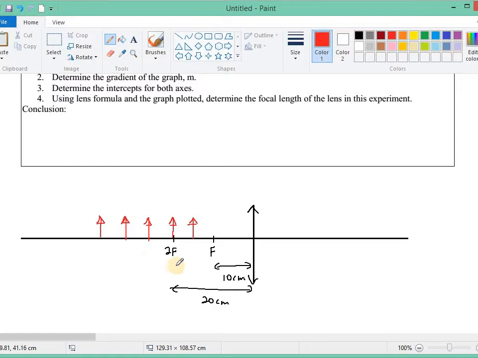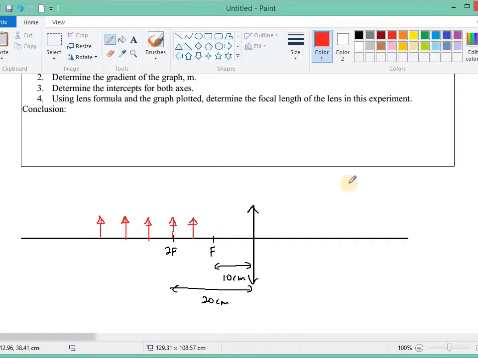So why don't we put the object at the focal point, and also not use an object distance less than the focal length?